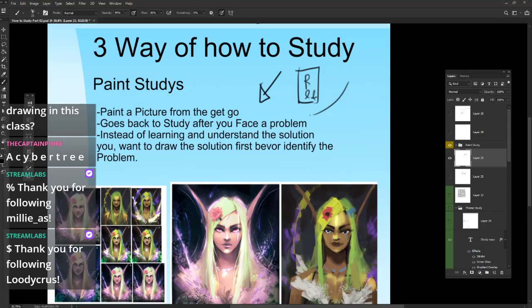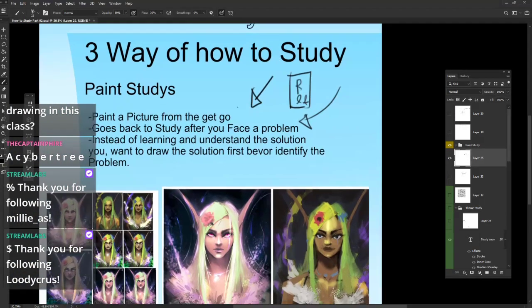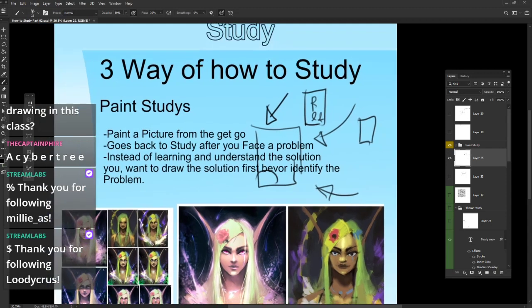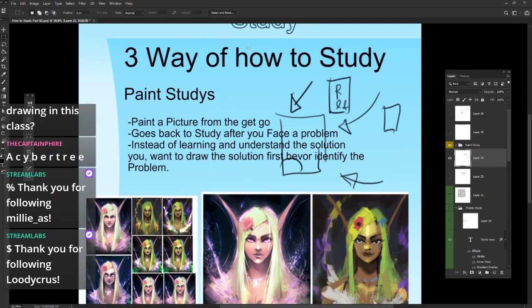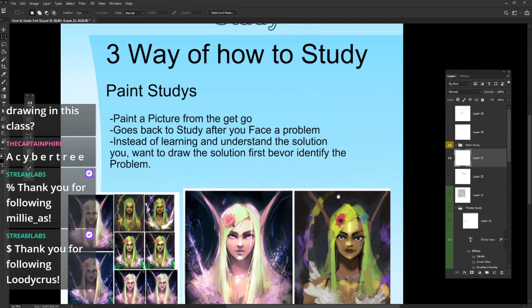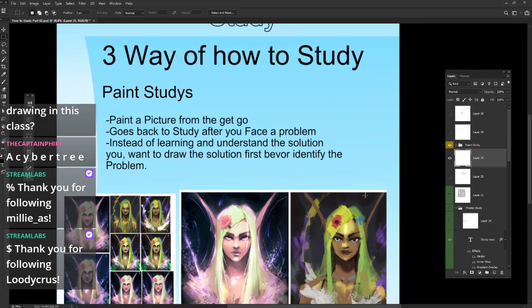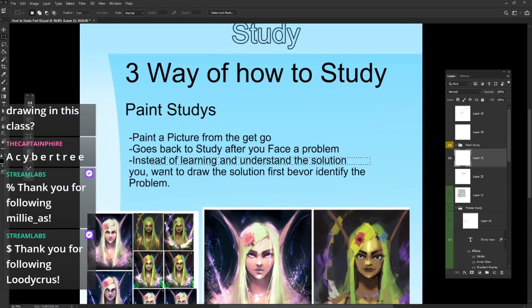And then, oh, I have another problem with the same picture. I need another ref. Oh, I got another problem here. I need another ref. And so on and so forth. So that's basically how it works. It goes back to study after you face a problem. Instead of learning and understanding the solution, you want to draw the solution first before you identify the problem.